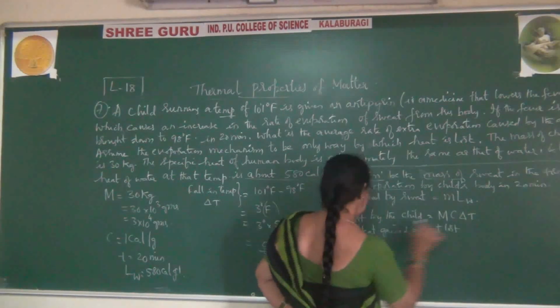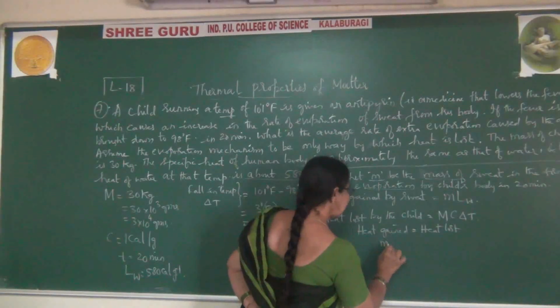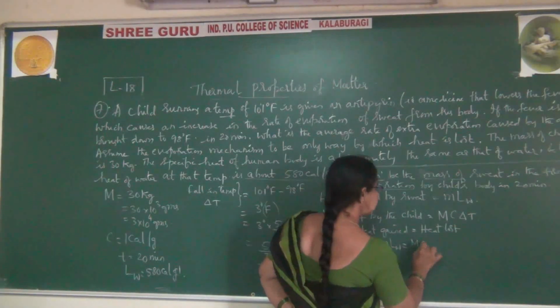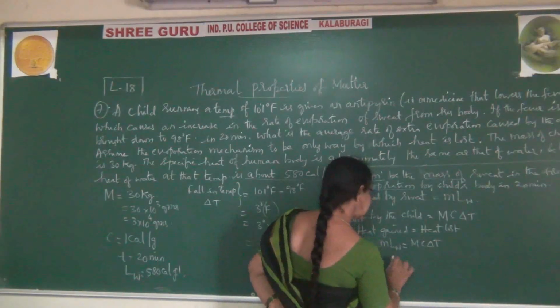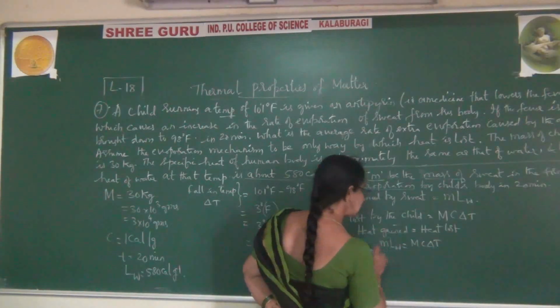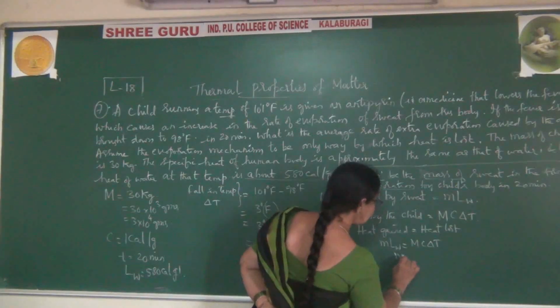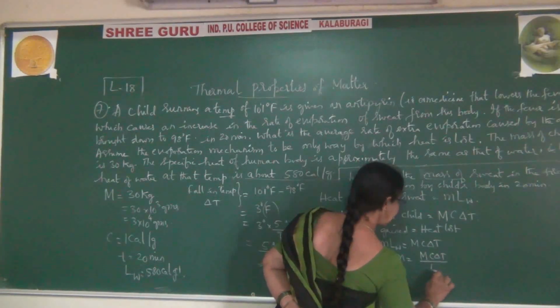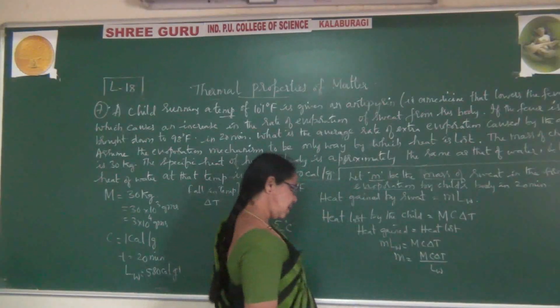Let me write small m LW is equal to capital M C delta T. What you have to calculate is small m, equal to M C delta T by LW. This is the formula we have.